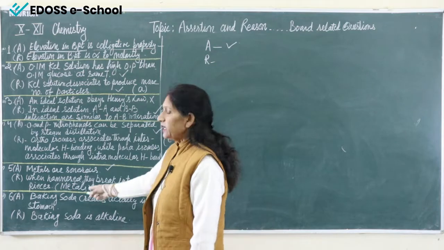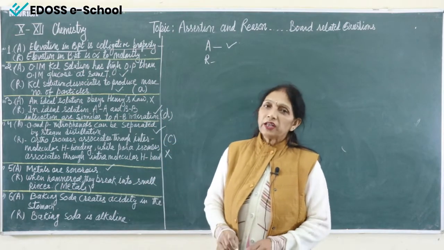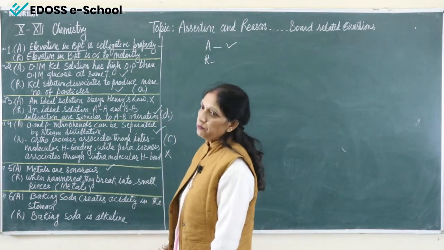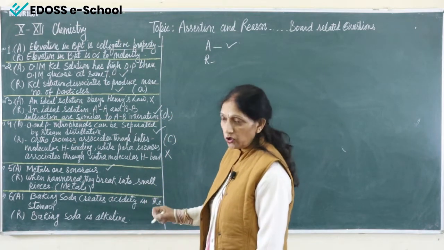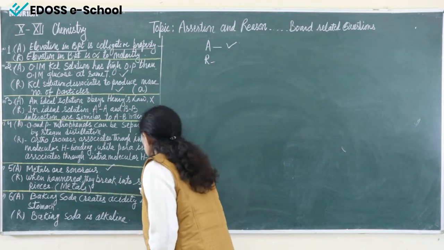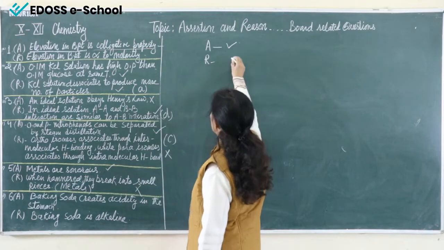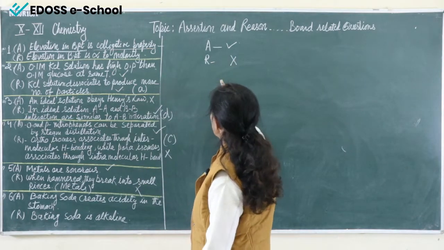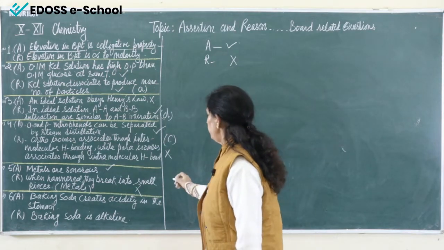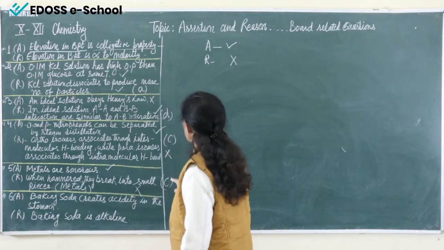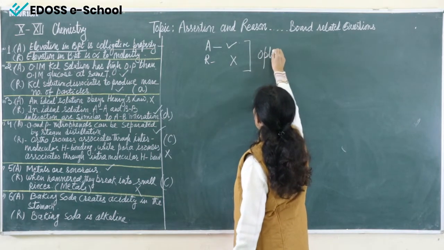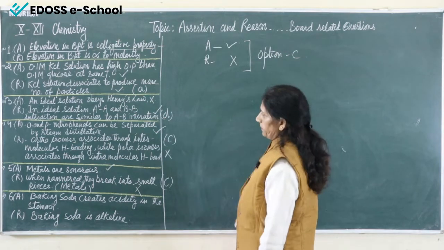We know that even if you hit very hard on the metal surface, they will never break because they are not brittle. Non-metals are brittle, but metals are not brittle. That means this is incorrect. That means the reason is wrong. Now we can say assertion is right, but reason is wrong. So we can opt for option C. Option will be C.